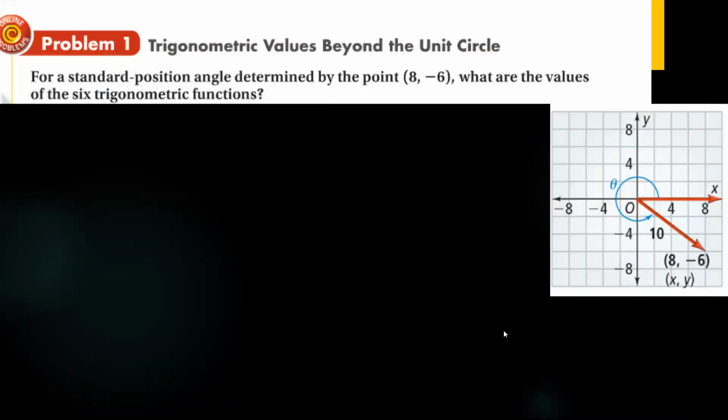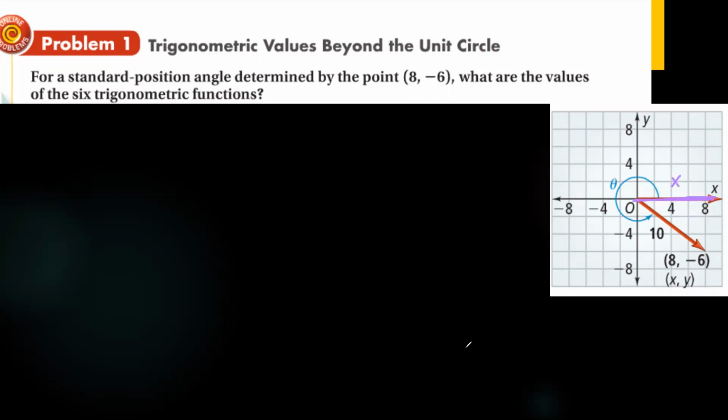Let's have now these examples here. Trigonometric values beyond the unit circle. For a standard position angle determined by the point (8, -6), what are the values of the 6 trigonometric functions? Here now, what did we have?